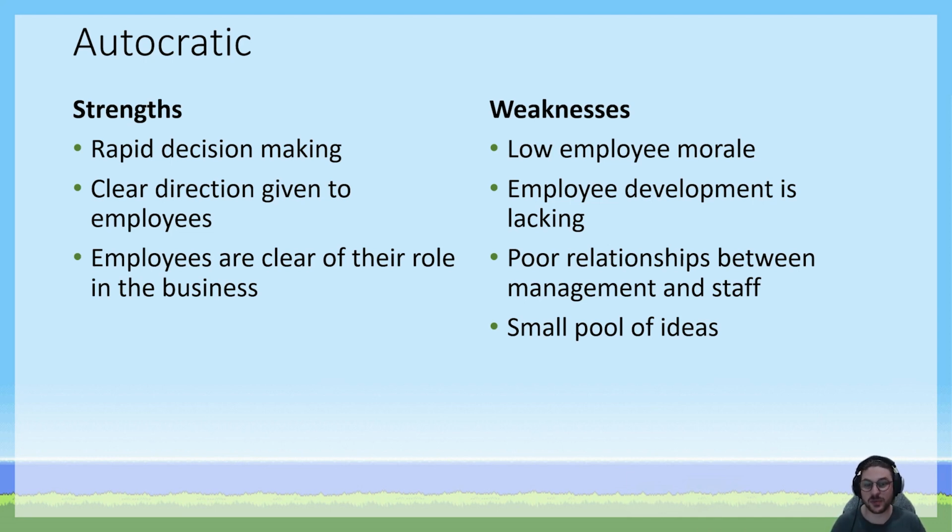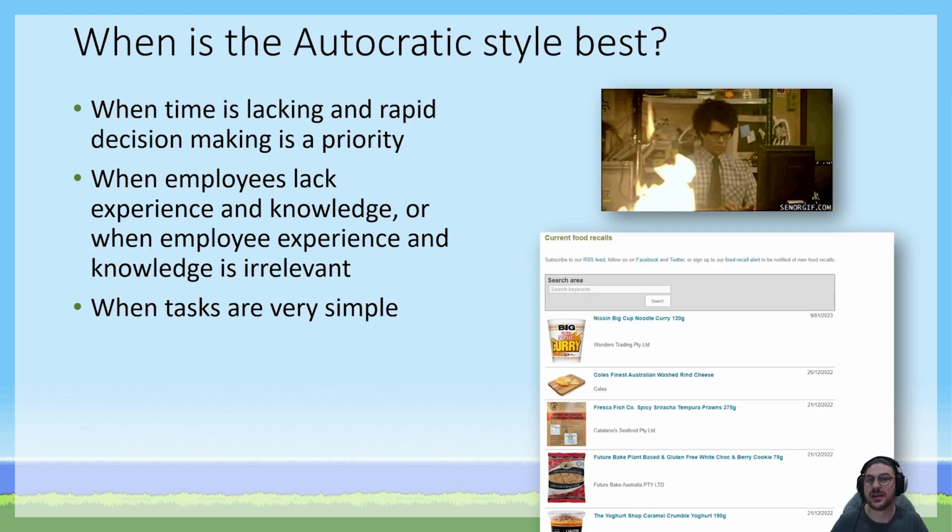Well, if we look at these strengths and weaknesses, when can we say an autocratic management style would be appropriate? Generally speaking, in emergency situations or in times where rapid decision making is the most important aspect of all our considerations. So certainly, if there is an emergency like a fire, you would expect that it would be appropriate for management to don their hard hats and their fluoro vests and start telling people to head for the emergency exits.